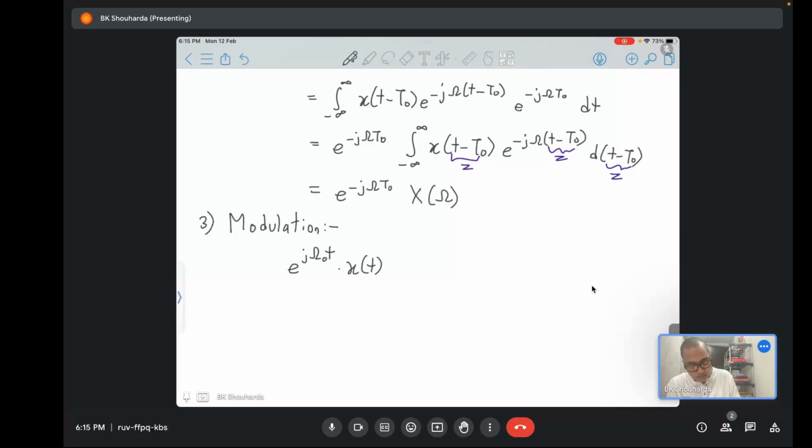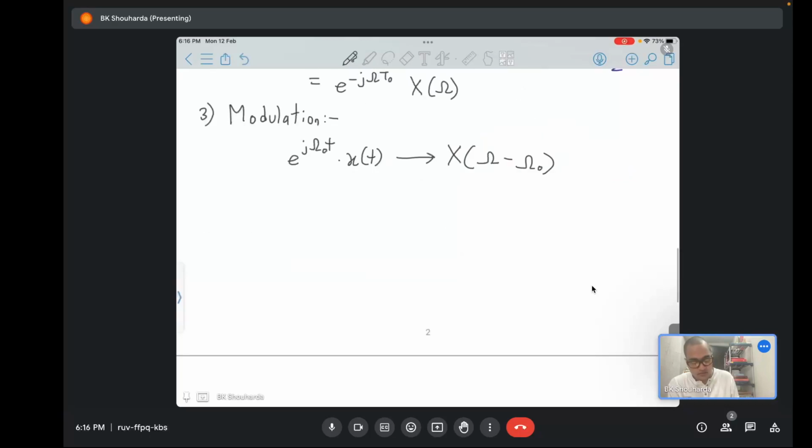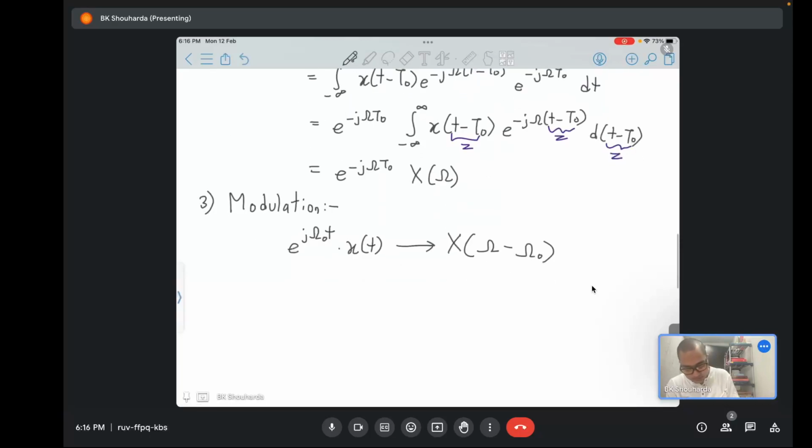Then what do we have? Our spectrum x of omega shifts by omega naught. How do we obtain that? Y of omega is the integral from minus infinity to infinity of x of t e to the power j omega naught t e to the power minus j omega t dt.